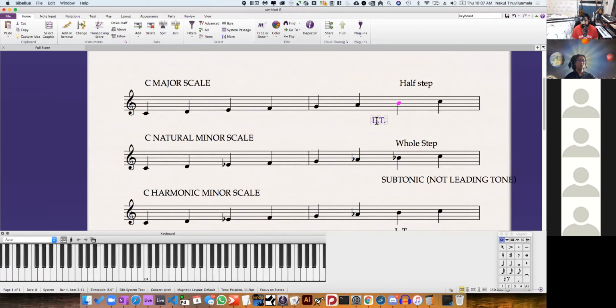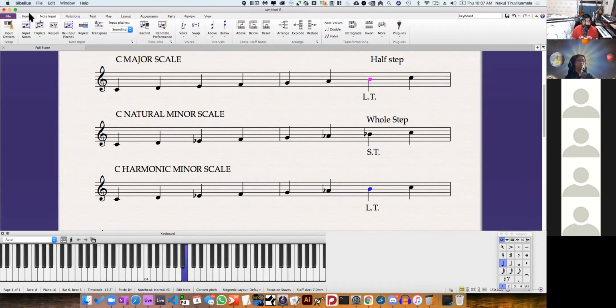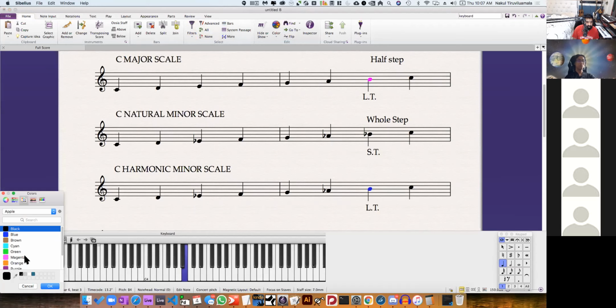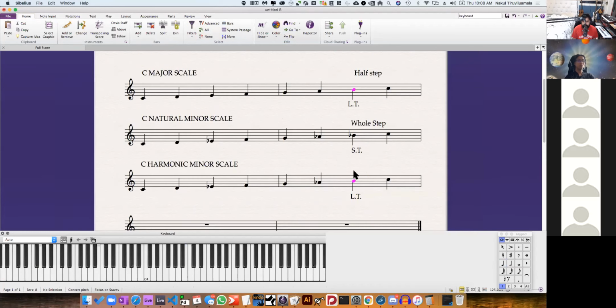Half step, half step. And this right here, I'm just going to call subtonic. So this leading tone, I'm going to make lavender again, okay? This leading tone is lavender once again. And this is a half step, right?